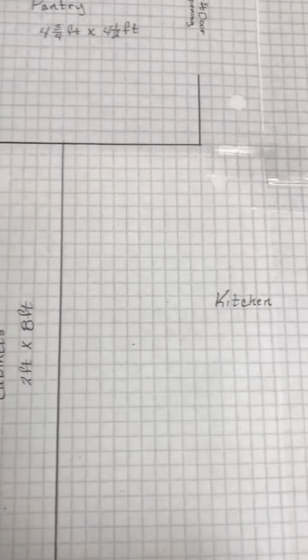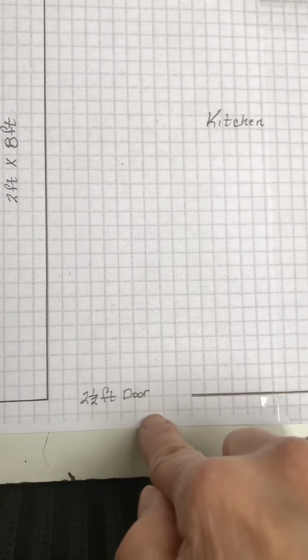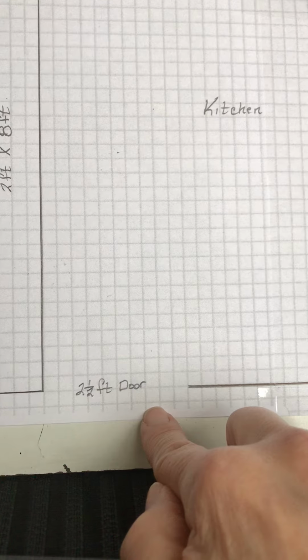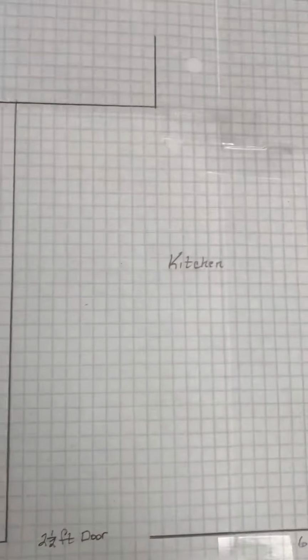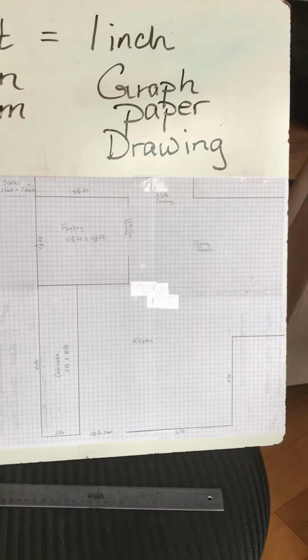And in my kitchen, I have a set of cabinets that are 8 foot long by 2 foot wide, and then I have another door opening here that goes outside of the house. So I've tried to label everything as I'm going.